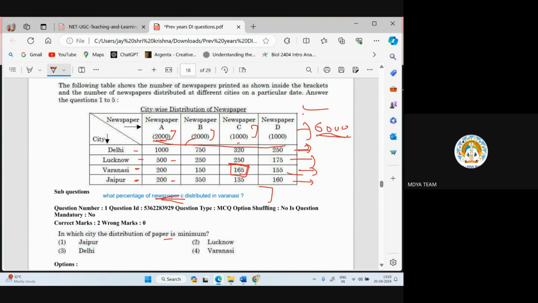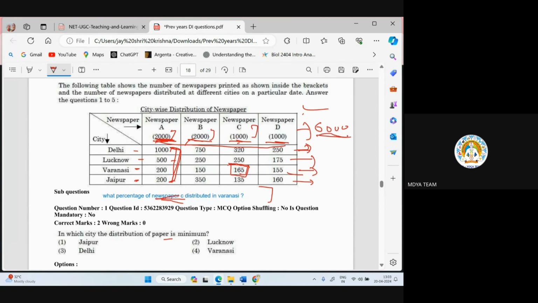It can be like this: these are the number of newspaper printed, these are the number of newspaper distributed, or some paper that might have been printed but not distributed. That will be in the company only. That's why it is important to read the table.